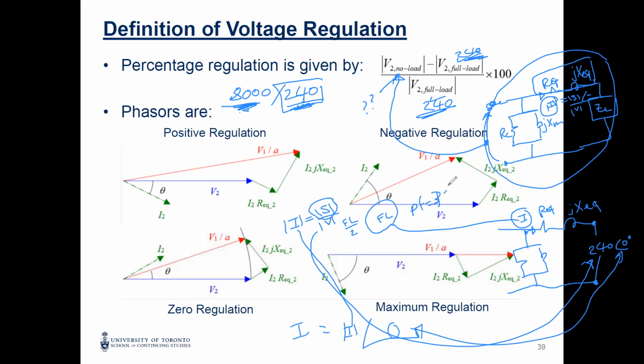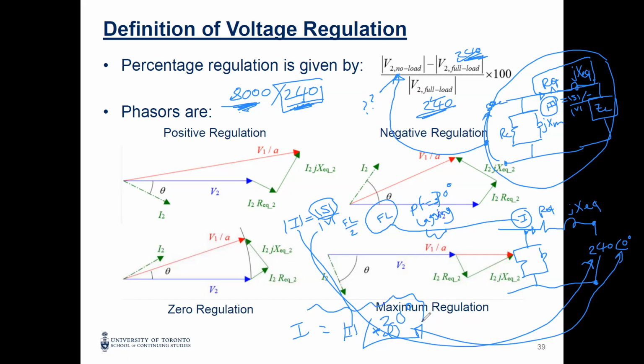If it's like 30 degrees lagging, it will be 30 and there is a negative sign. If it's leading, it will be positive.